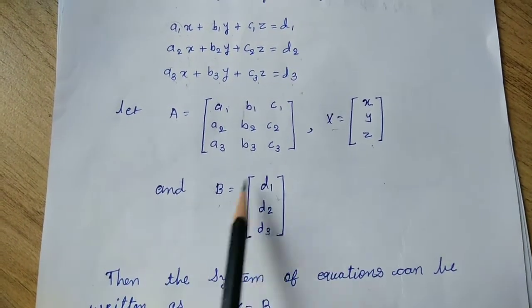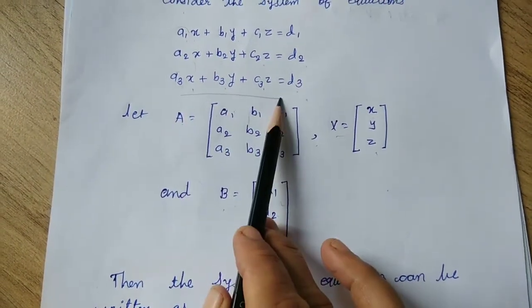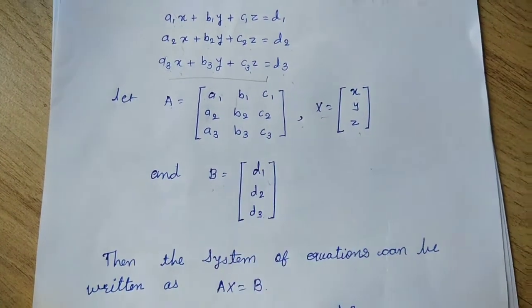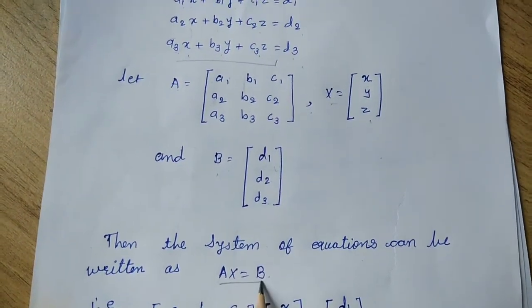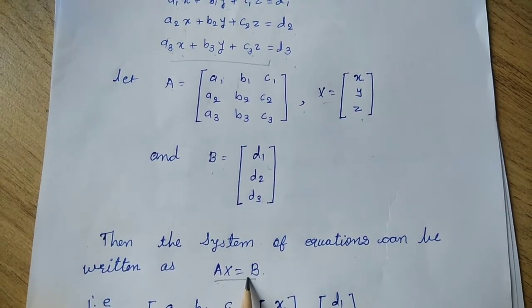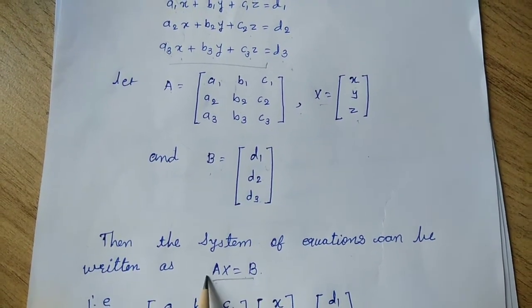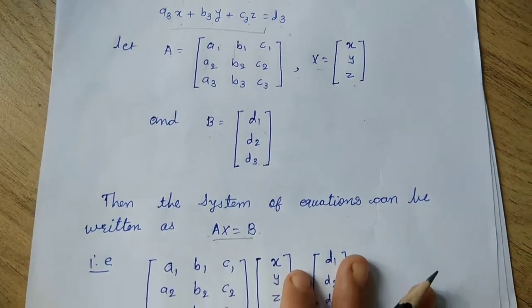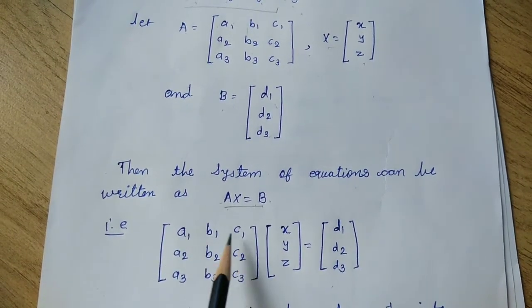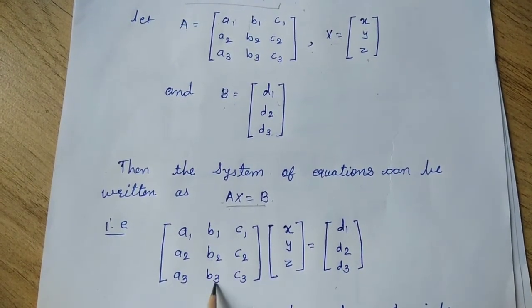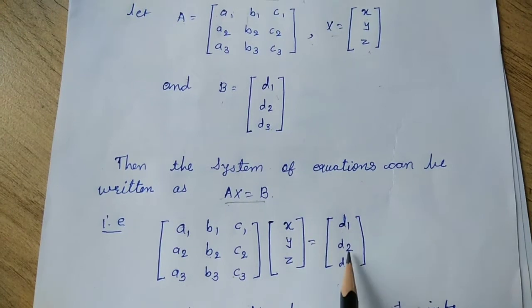Now as you know all these things, this system of linear equations can be written as AX = B. So the system can be written like this: [a1 b1 c1; a2 b2 c2; a3 b3 c3] into [x y z] equals [d1 d2 d3].